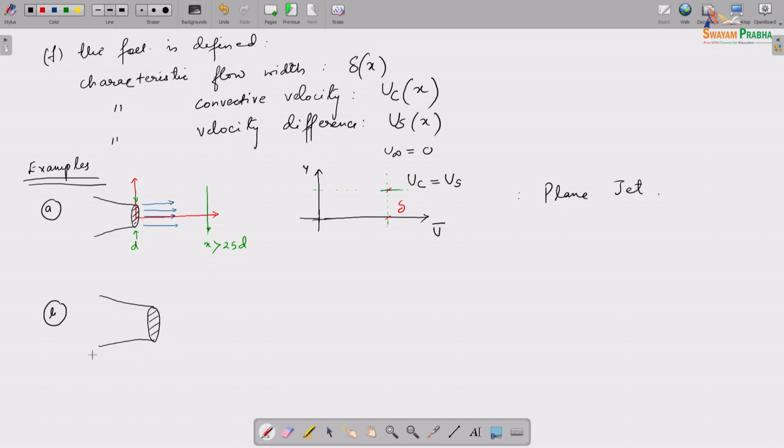And then I have this, and then I have a velocity profile. Okay.